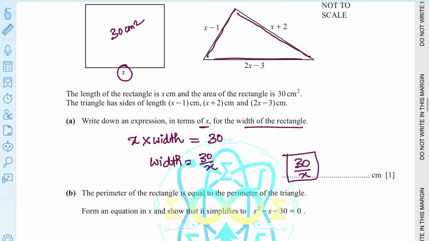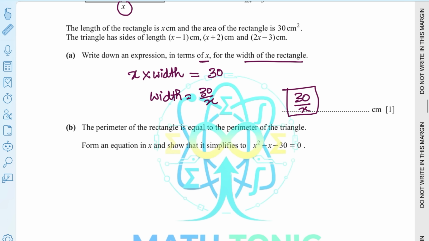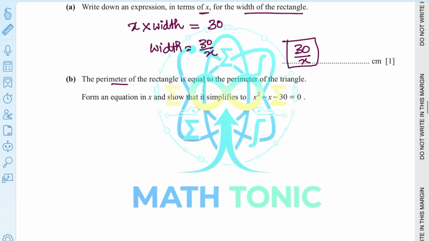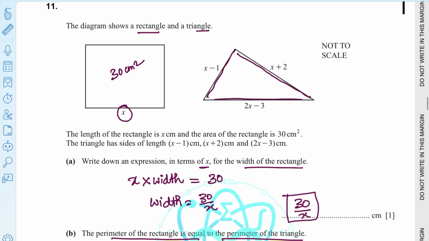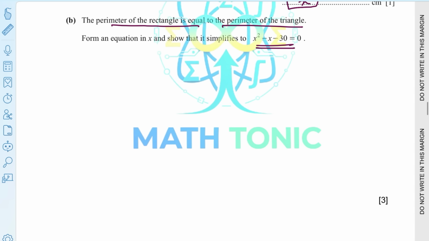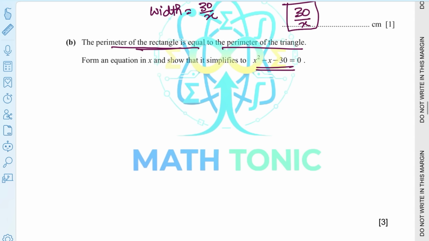Is it okay? The second part is given that the perimeter of the rectangle is equal to the perimeter of the triangle, and find the equation in x, show that it simplifies to x squared minus x minus 30, right? So what does it mean? First we'll try to find out the perimeter of each one. So this one we got 30 over x, this is x, and this is also 30 over x, right? So as per the question, the perimeter of the rectangle, let me write down.